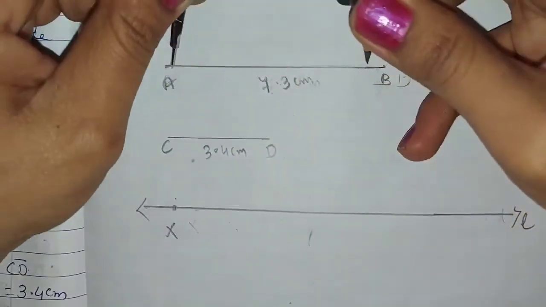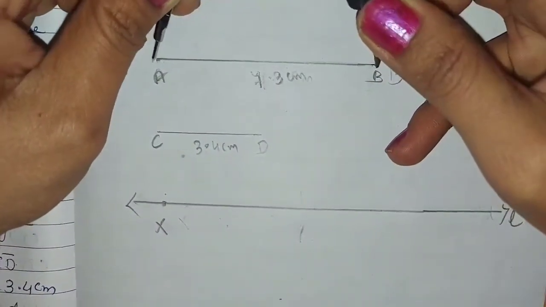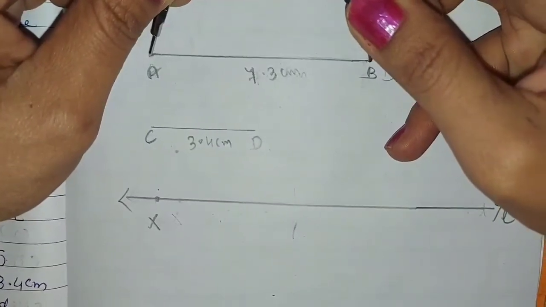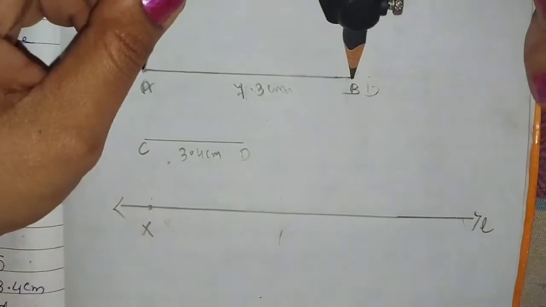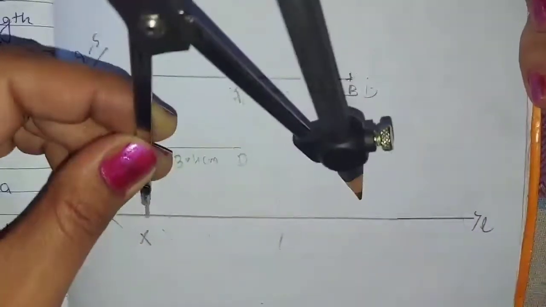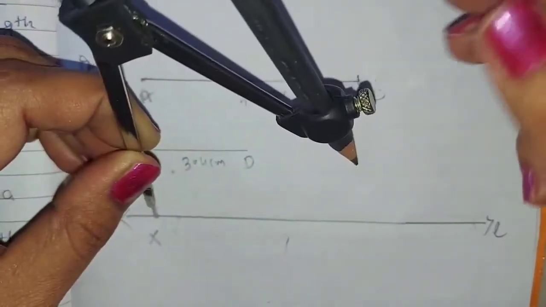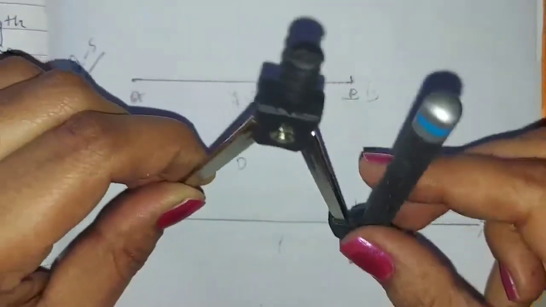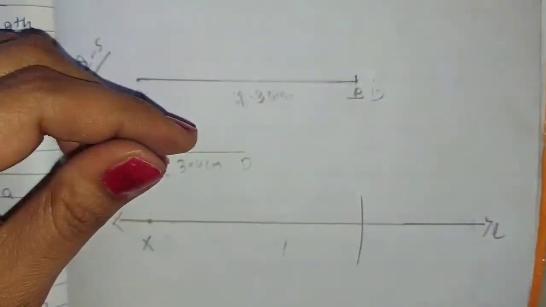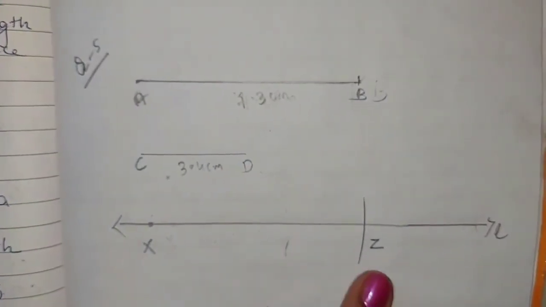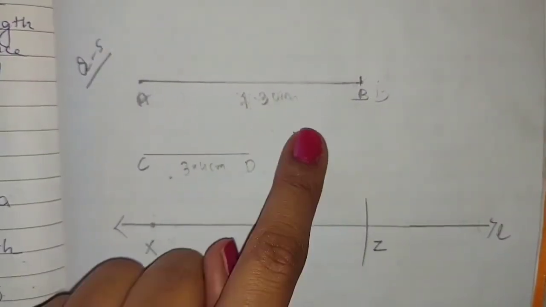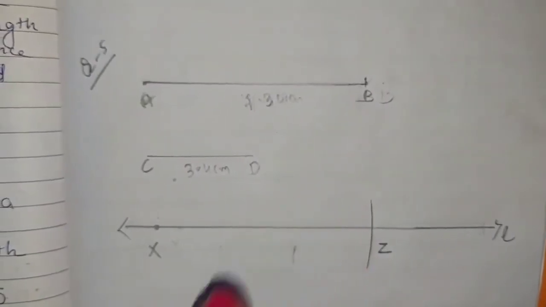So we will open the compass till AB. This is how much measurement? 7.3. So according to the question, here we will put our pointer on X and then we will cut this line, and that is XZ, because we have drawn the XZ line that is equal to the length of AB, that is 7.3 cm.